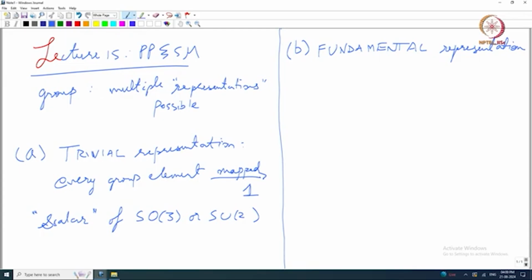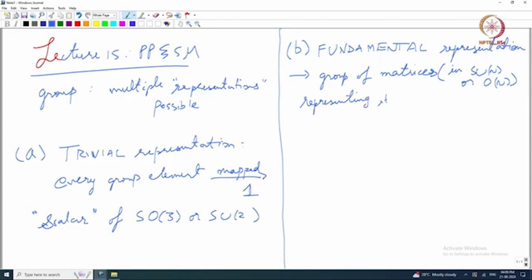So what is this? This is the group of matrices in, say, SU(N) or O(N) that is representing itself basically.